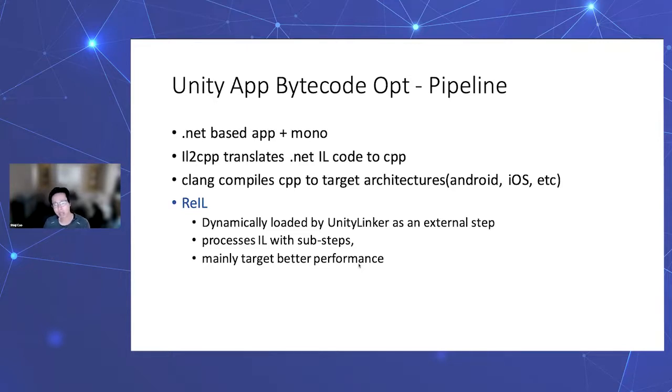Unity is a 3D engine for cross-platform development, and the stack is .NET, open source .NET, which is Mono. So the developer writes C#, and then the Unity engine uses the .NET compiler to compile it to .NET IL code, and then there is another tool called IL2CPP, developed by Unity.